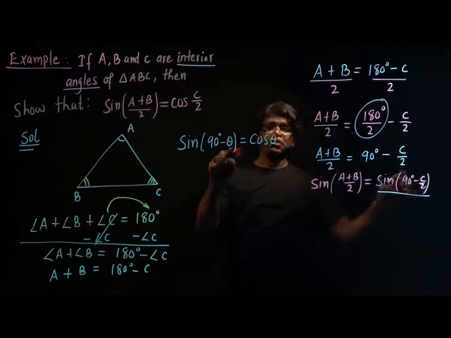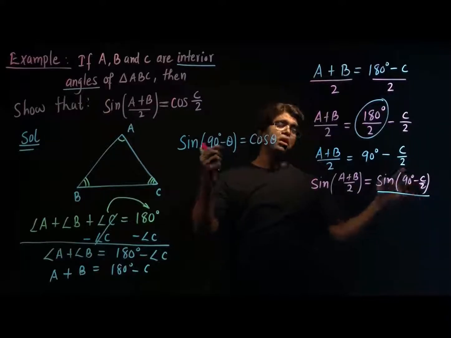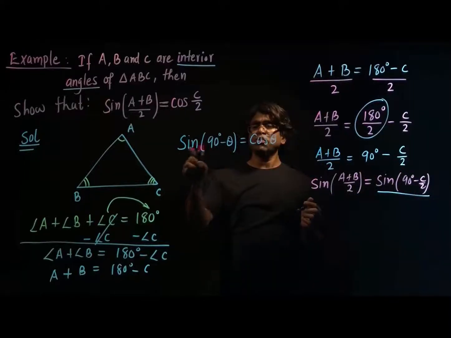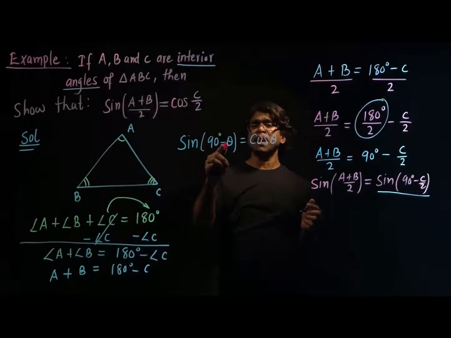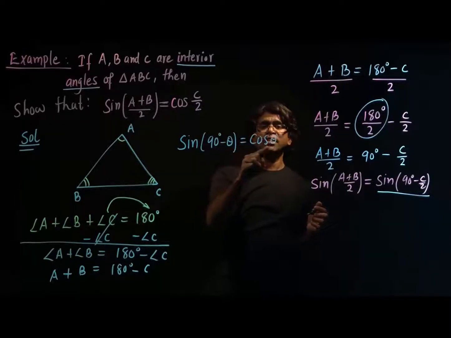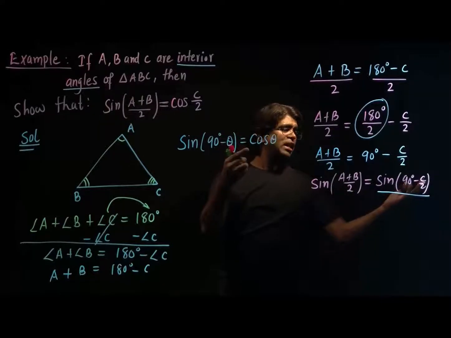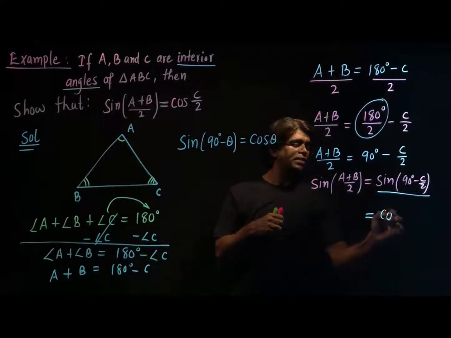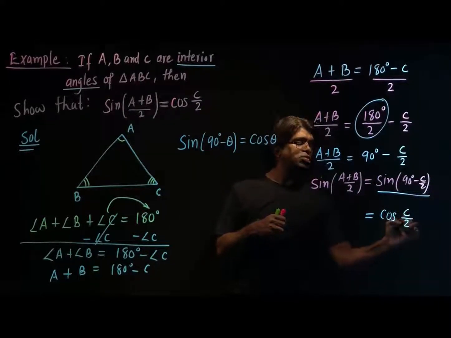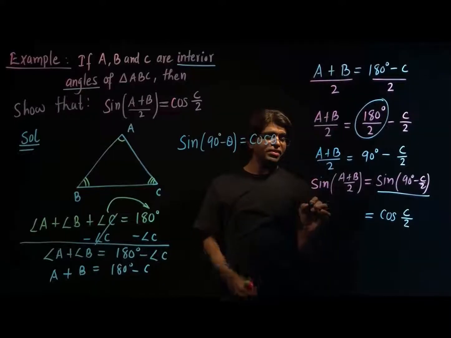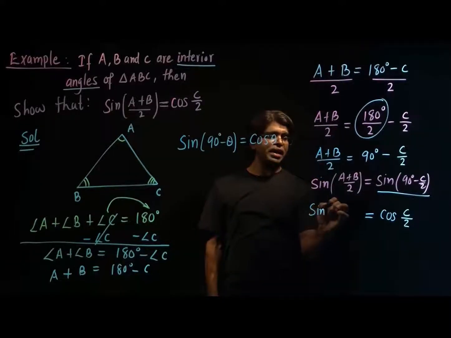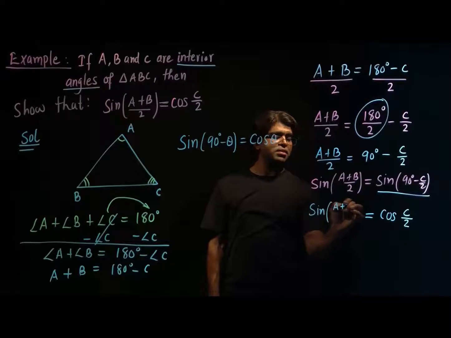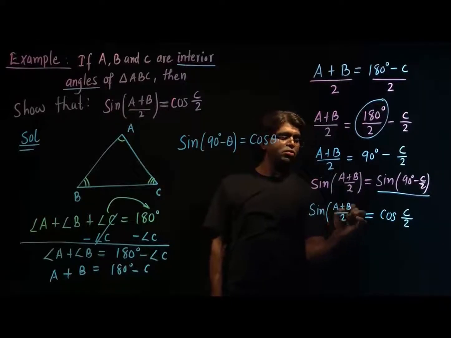So this theta is replaced by C over 2, but I can still use the formula. So I can write sine (90 minus C over 2) as cosine C over 2. And on this side I already have sine (A plus B) over 2.